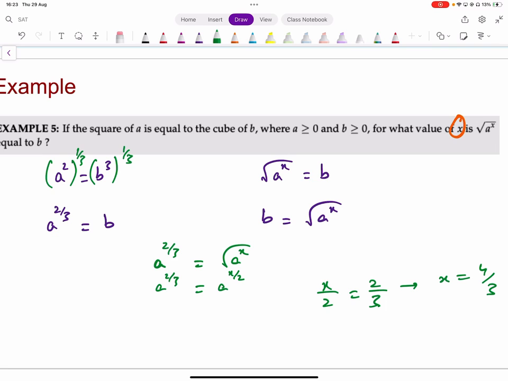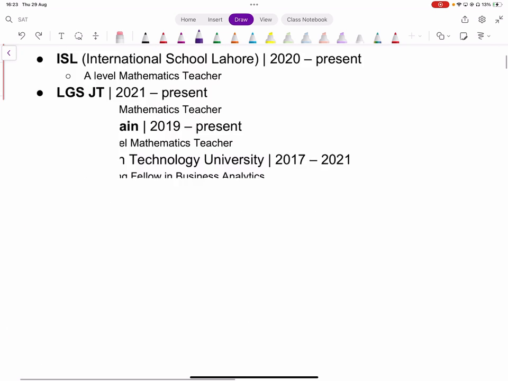Let me repeat. We were given that a square is equal to b cube, and that square root of a raised to power x is equal to b. To compare both equations, we basically made b cube into b as well. How did we do that? By taking cube root on both sides.